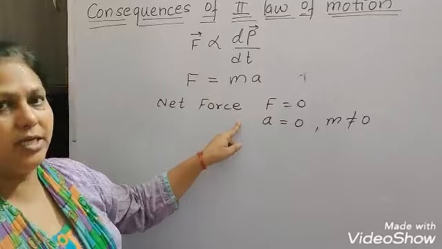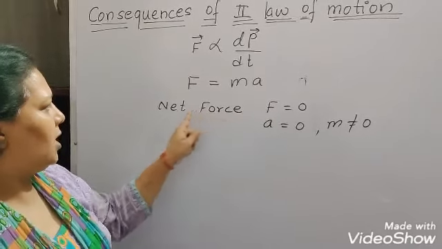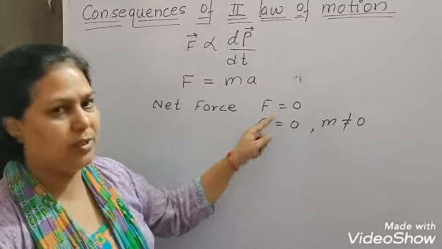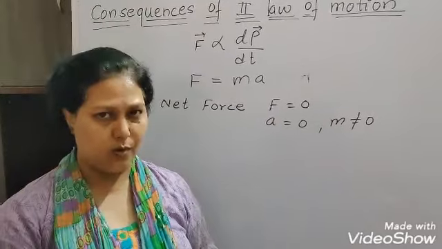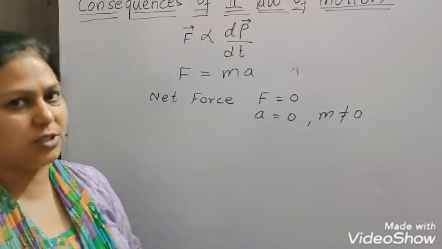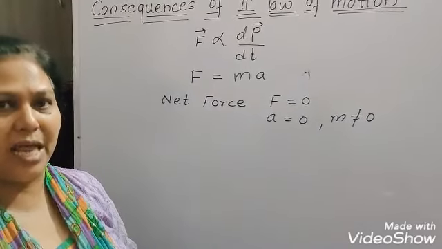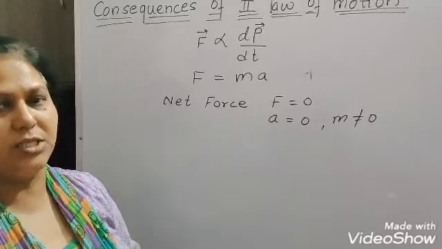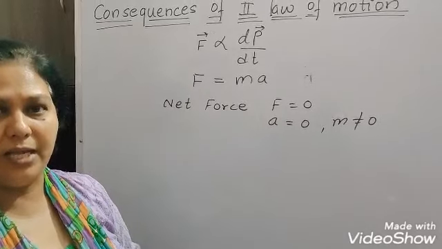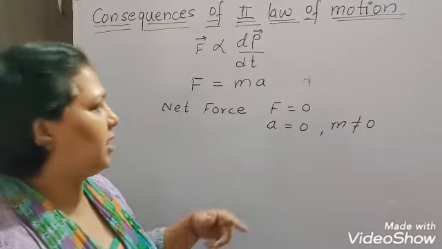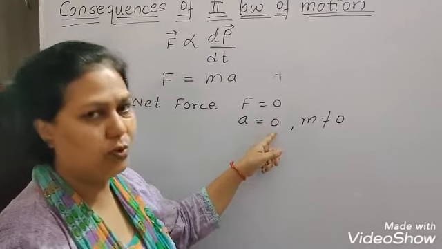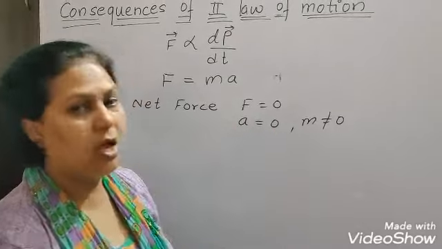Here it is indicating that the net force is 0. That means if many forces are working on an object and the net force is 0, the forces are balanced. Whatever forces are there, they balance each other. In such a situation, the acceleration is not produced; the acceleration is 0.